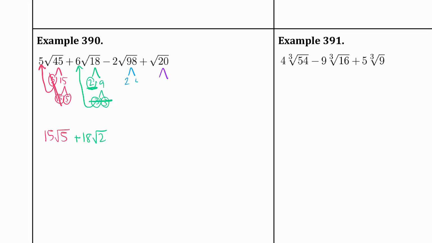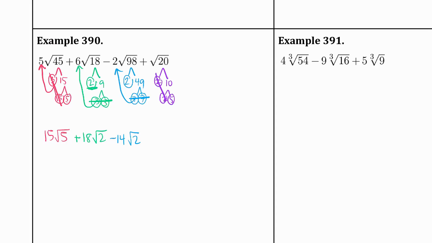98 gives me 2 and 49, 7 and 7, a pair of 7s. If I take those out, I get minus 14, square root 2. And then the last one I have, let me change my color. We have 2 times 10, 2 times 5.